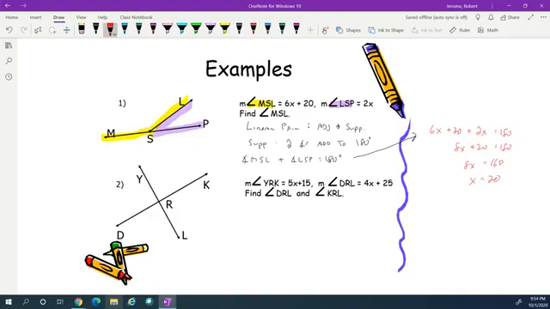We were asked to find angle MSL. So we're going to take angle MSL is 6x plus 20, and plug that in. 6 times 20 plus 20, and we get 140 degrees for angle MSL.